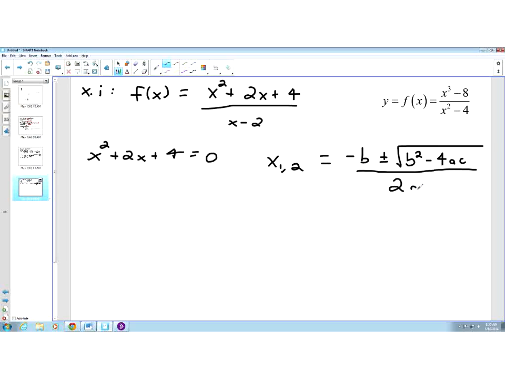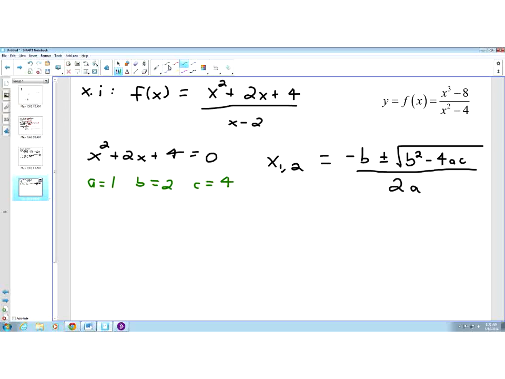All right, so this is the quadratic formula, the technique for finding the two roots of a quadratic equation. And if you recall, for this quadratic, A is equal to 1, B is equal to 2, and C is equal to 4.